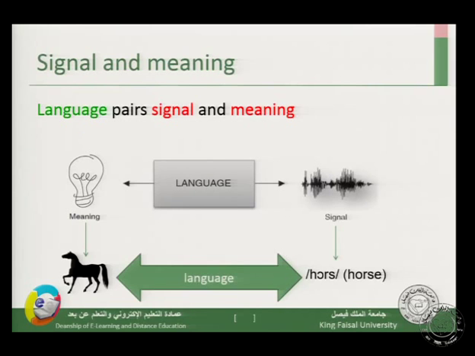So language combines both signal and meaning. It combines the word and its meaning. For the horse, there are two things: the signal, which is the word horse, and the horse, which is the real horse, the one you can find in the wild, or in the zoo, or perhaps on the farm. So it refers to the animal itself, and the signal refers to the word horse.